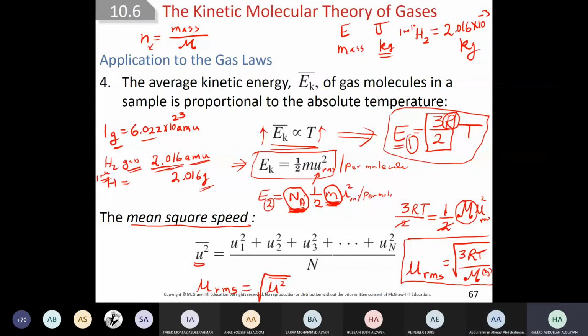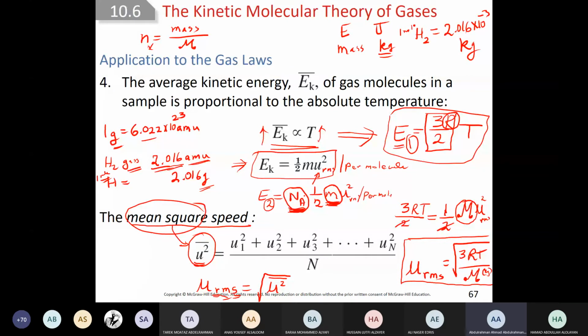What does RMS mean? Root mean square. This speed is the mean square, which is the average of the speed squared, divided by the number of molecules. If you take the root of it, it will be the root mean square.